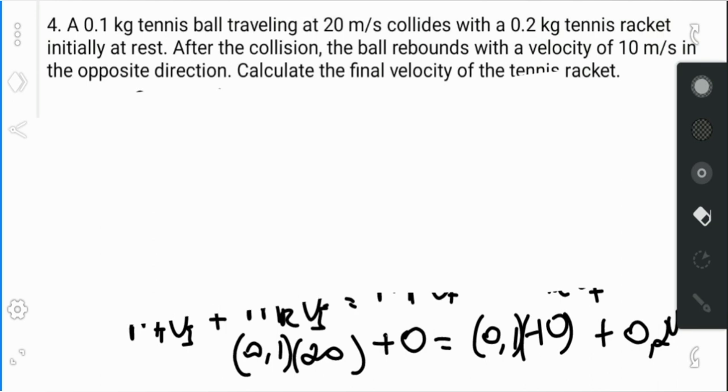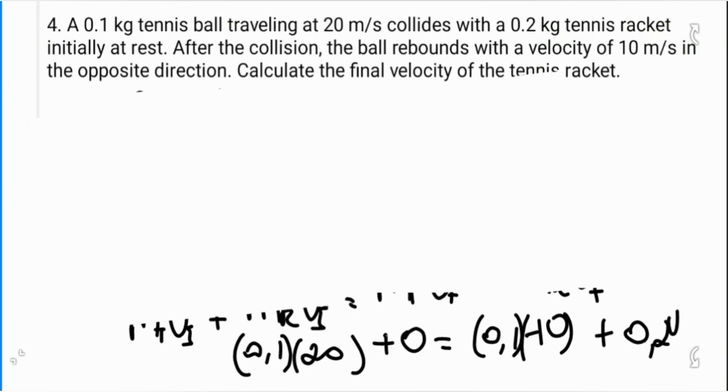Now, on the left hand side of the equation, we're going to get 0.1 times 20, which is equal to 0.1 times negative 10.